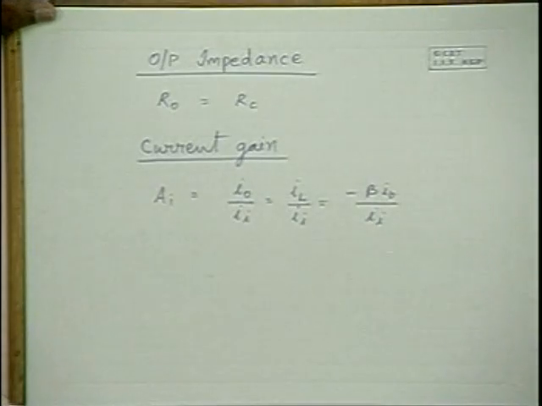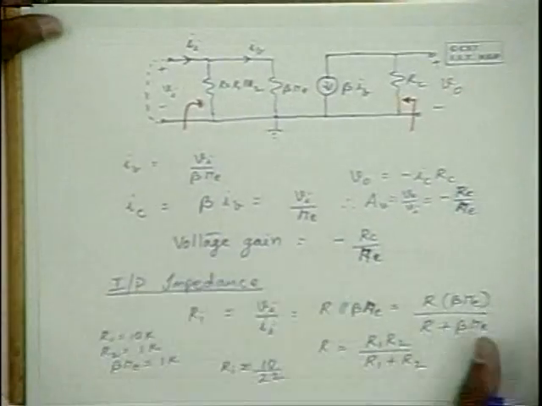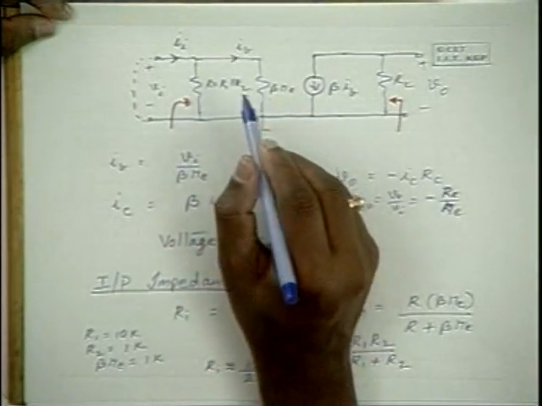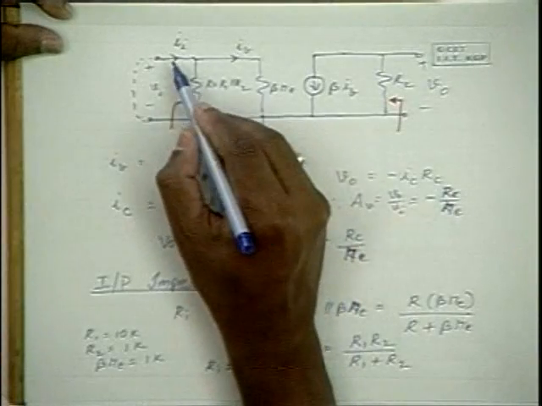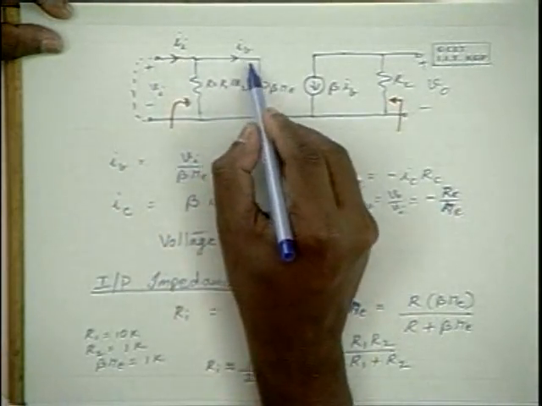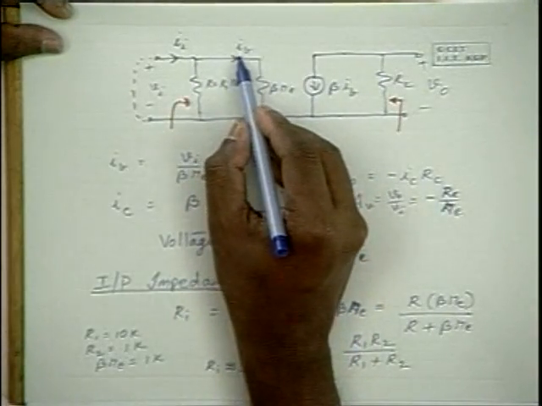Now II can be expressed by looking at the equivalent circuit here. II and IB are related. So how are they related? In fact, the II gets shared between this resistance and this resistance, and the net result is IB.